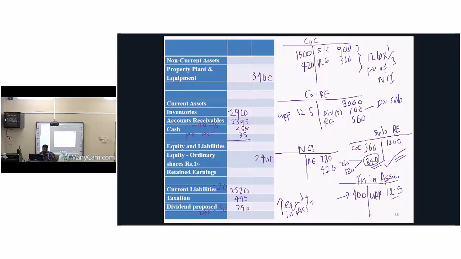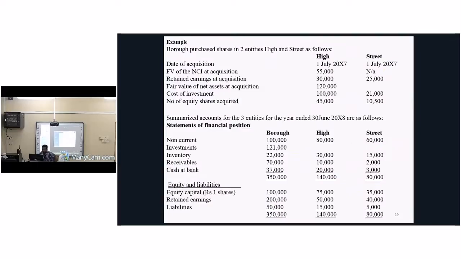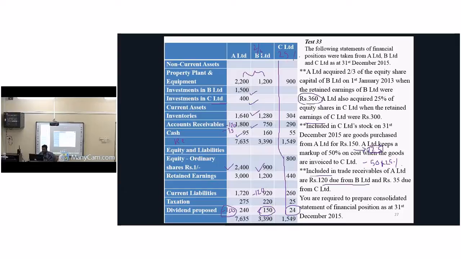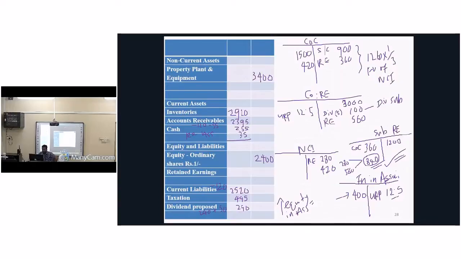I don't have enough space to write here, I didn't keep a blank slide. I'll write somewhere here using a different color. Increase in share of profit from associate.